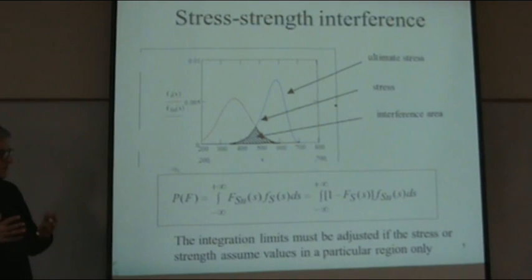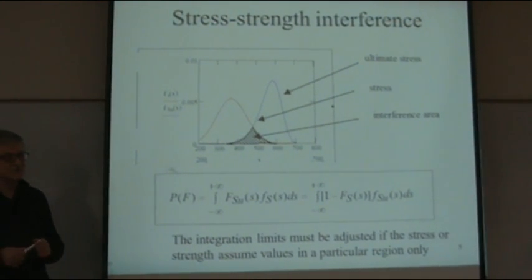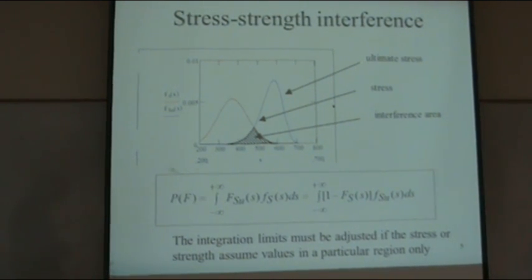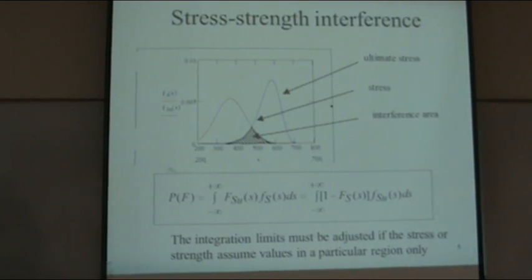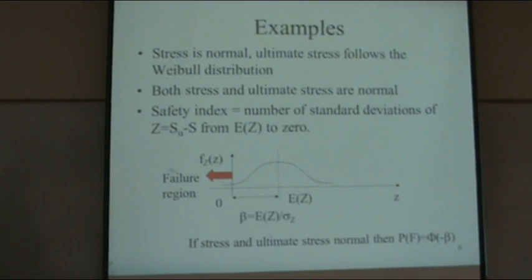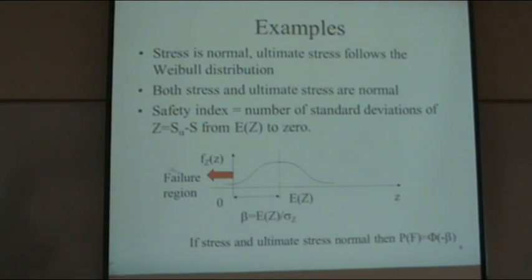And essentially you captured all the probability mass and estimated the probability of failure quite accurately. So this is the first approach with the total probability theorem. Here is an example where the stress is normal and the strength or ultimate stress is quite good. We did that example.